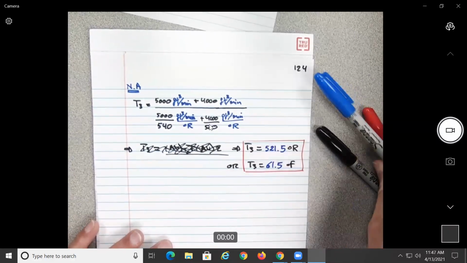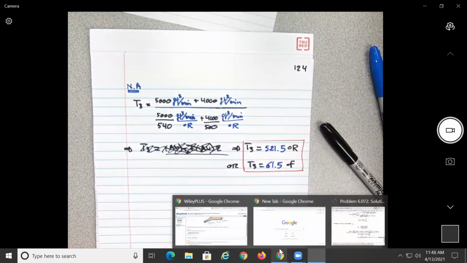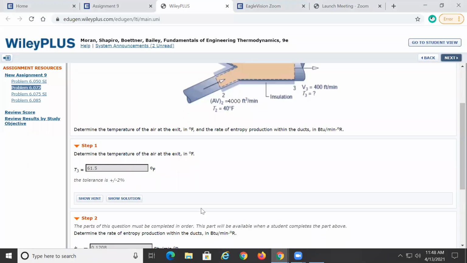I think that was the answer, no? Yeah. Here I was trying to factor out this 5,000, but it wasn't working. So basically 61.5, which, if I remember right, is the same as they had over here, 61.5. But again, the confusion in this problem is that V3 threw me off completely, no?